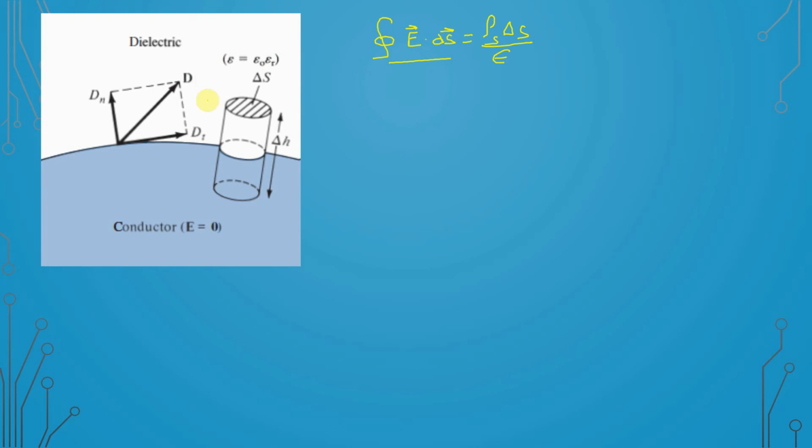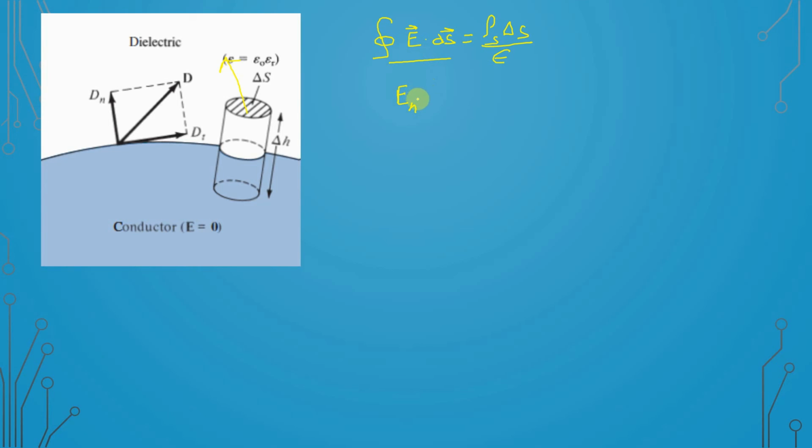Only the normal component exists here, this component dn, whose normal is in the opposite direction, downward. So you can write this E dot ds in terms of dn, or you can also write it in terms of En. I am writing in terms of electric field; you can convert it later.